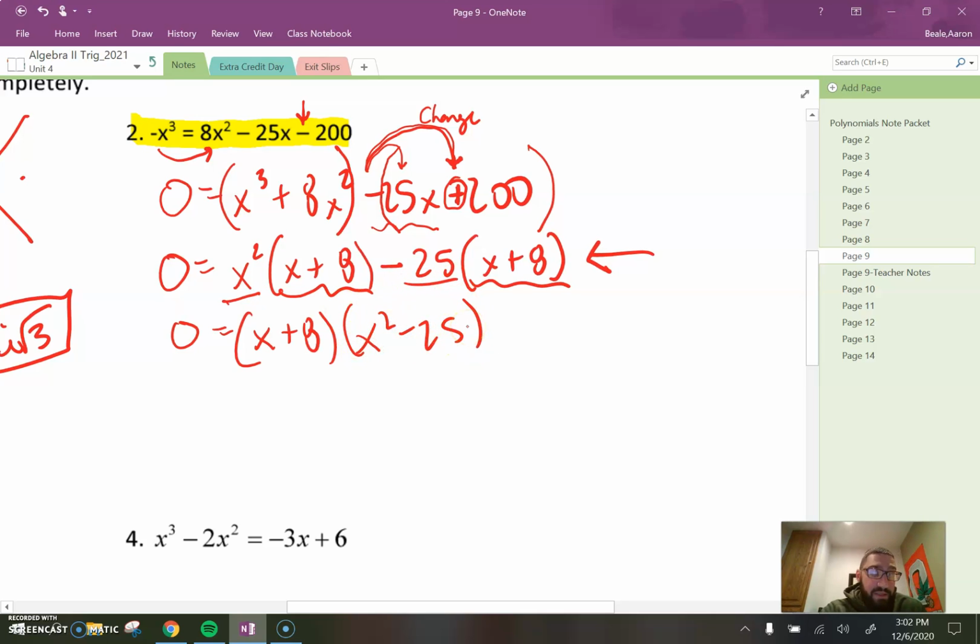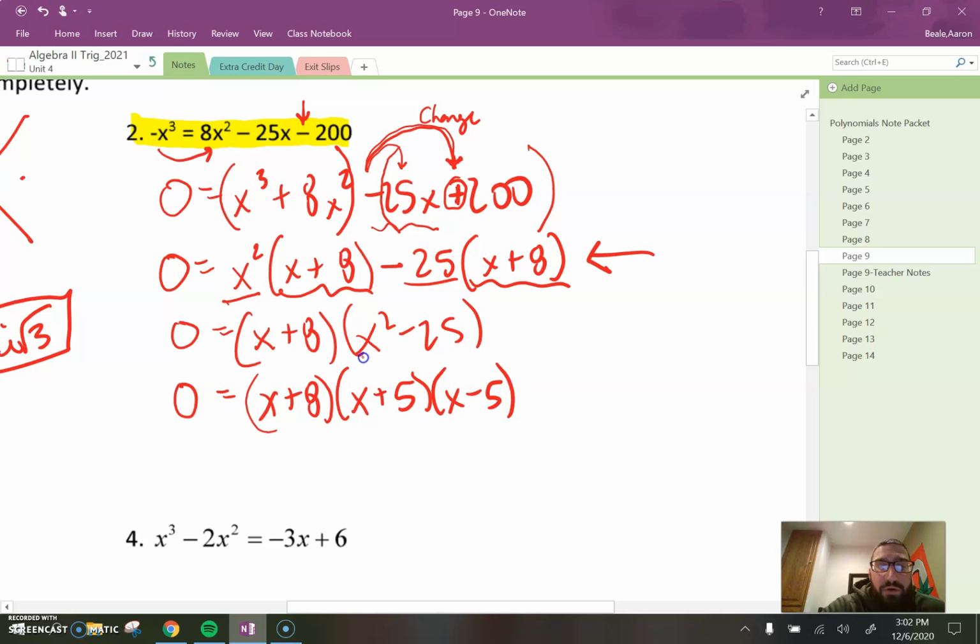So this is an interesting one. I could technically put x plus 8 equal to 0 and x squared minus 25 equal to 0. There's nothing wrong with that. But I want to continue to factor as much as possible. And that'll make my life easier, especially if that was like x to the fourth minus 16. This would be helpful. So we're going to do the difference of squares, and we would have this.